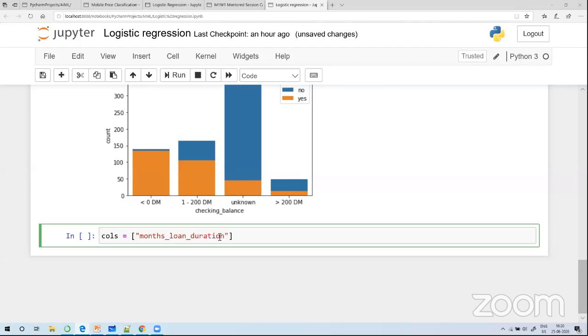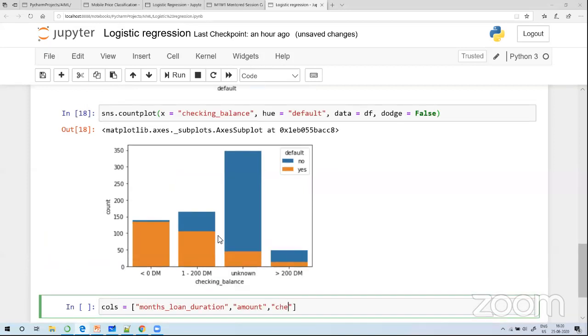For sure, this is important. Then amount, that's also important. We checked it. Checking underscore balance. We have one more variable called credit underscore history.